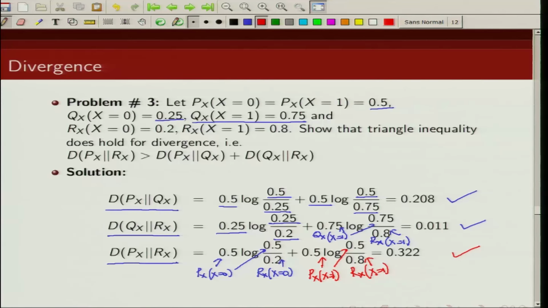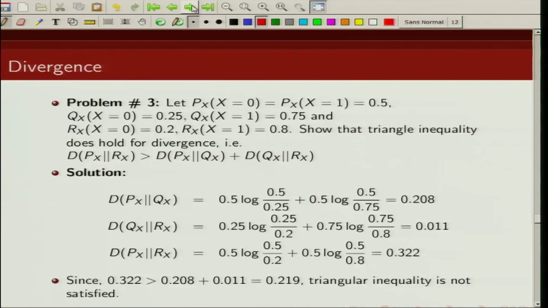Okay. Now note here, this plus this is not greater than this. So we have shown with a simple example that the triangle inequality does not hold for divergence. You can see the divergence between p and r is more than the divergence between p and q plus the divergence between q and r. So the triangle inequality does not hold.